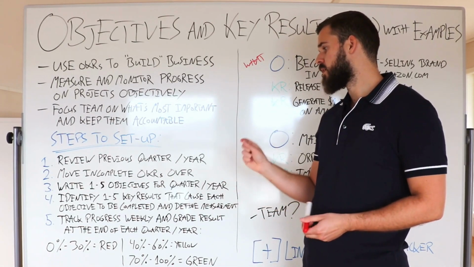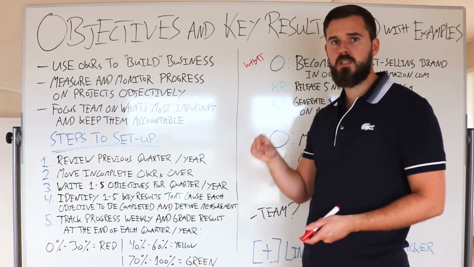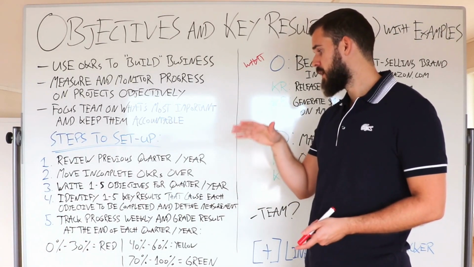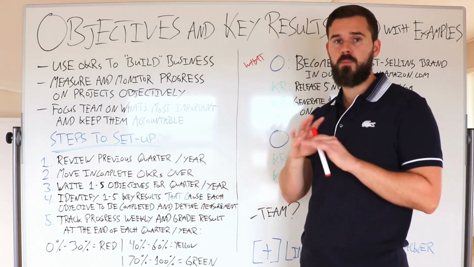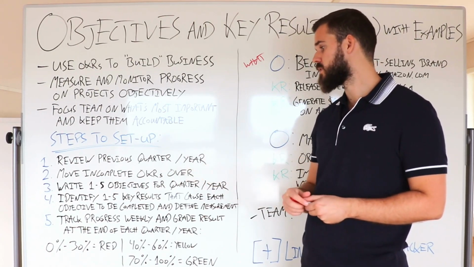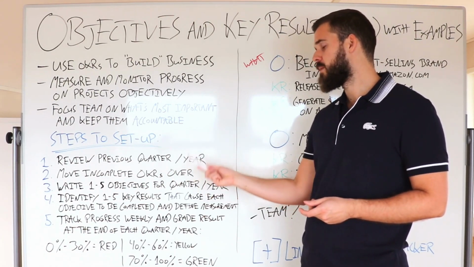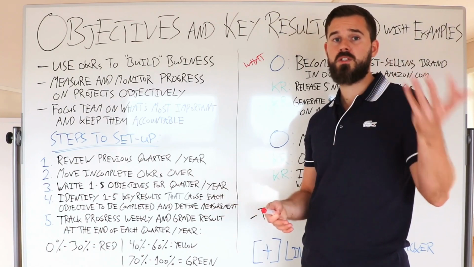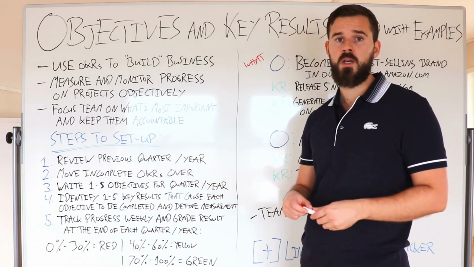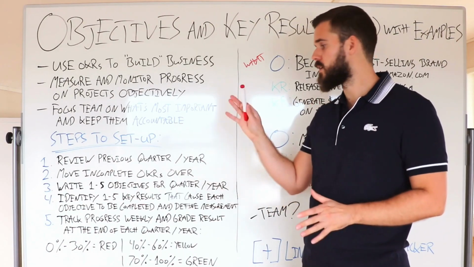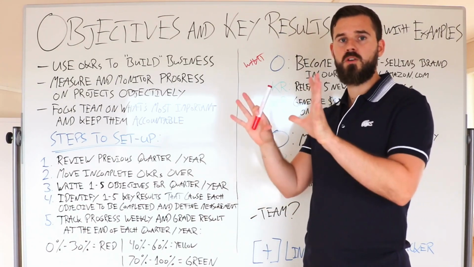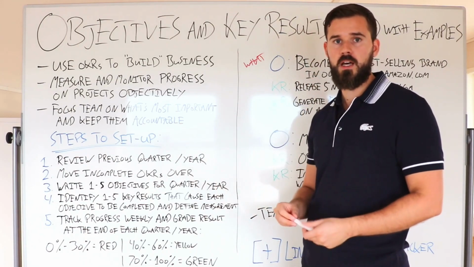And the way this works is that if you accomplish each key result that you set, all of them, 100%, then the objective should by default be accomplished too. If you can look at the key results and imagine completing all of them, and then the objective still may not be finished or accomplished, then you're doing it wrong. So the absolute key thing here is that the key results must, when completed, cause the objective to be completed as well.